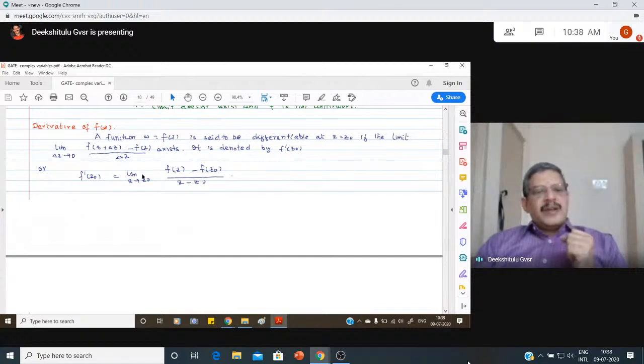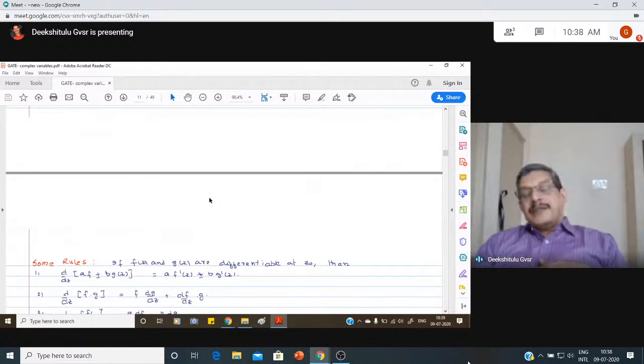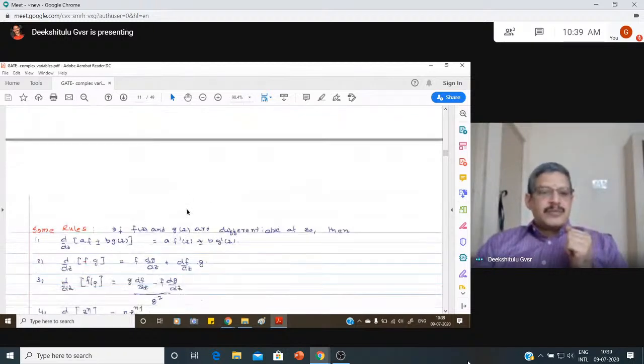So f dash z naught is the limit as z tends to z naught of f of z minus f of z naught by z minus z naught. Either way you can write the definition of a derivative. In ordinary calculus we stop with the derivative and then the next section is integration. But here it's not so. Because we are talking about domains, there are so many things to discuss.